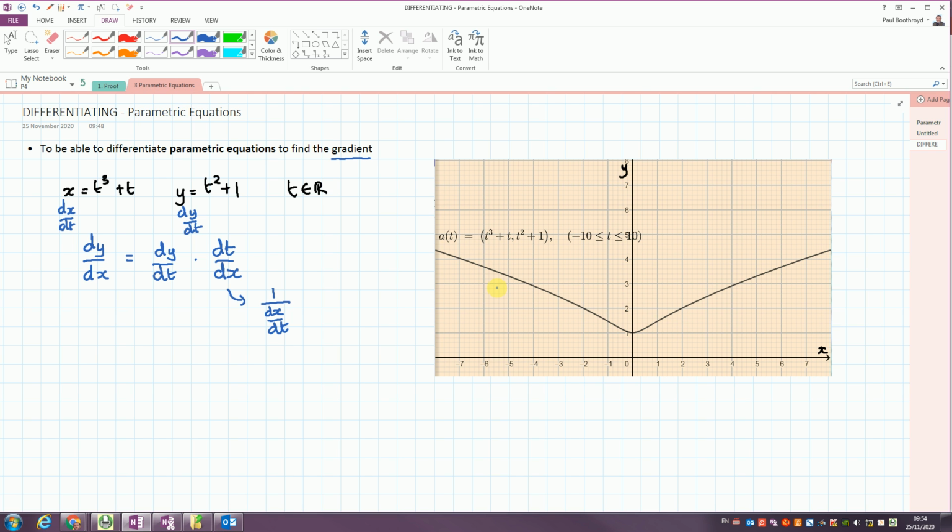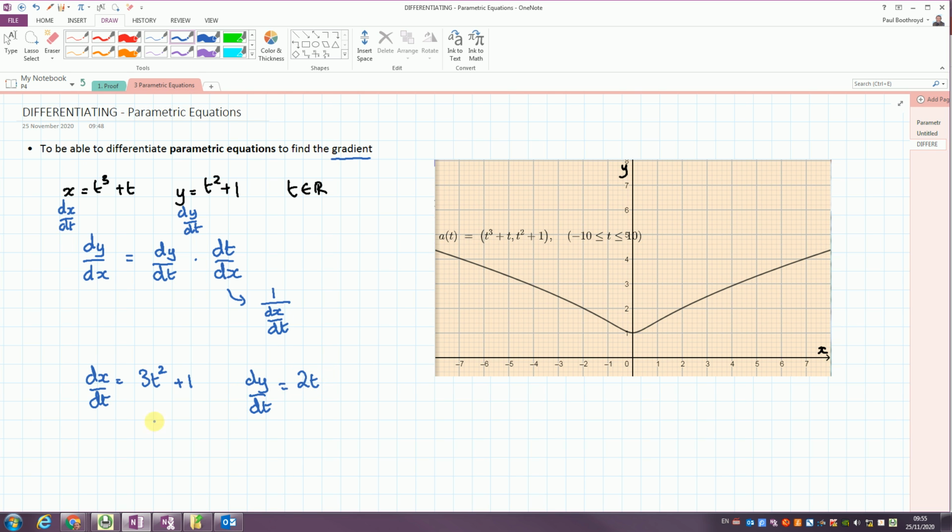Okay? Sorry, not in terms of x, in terms of t, the value t. So let's do dx/dt, and we get 3t squared plus 1. dy/dt is 2t and no constant.